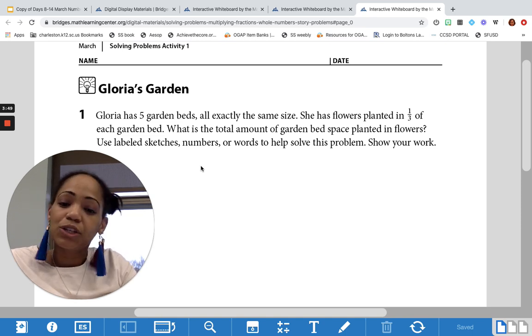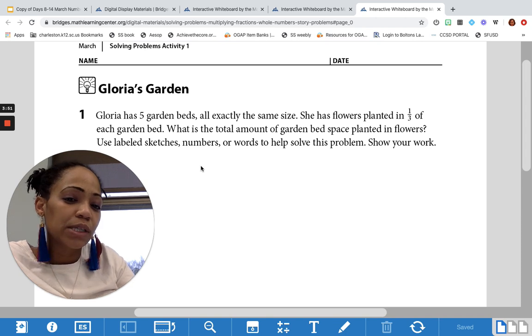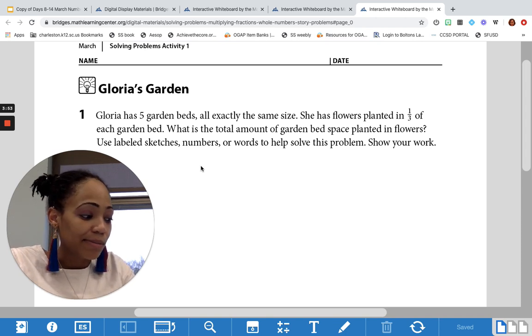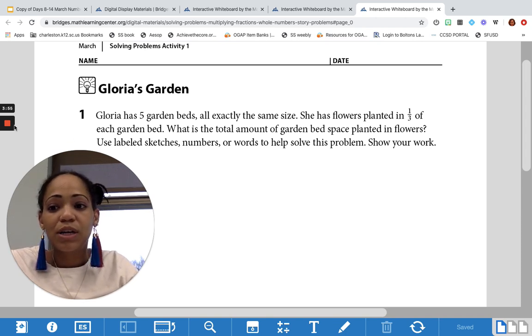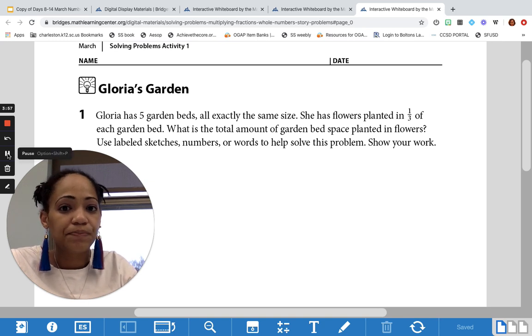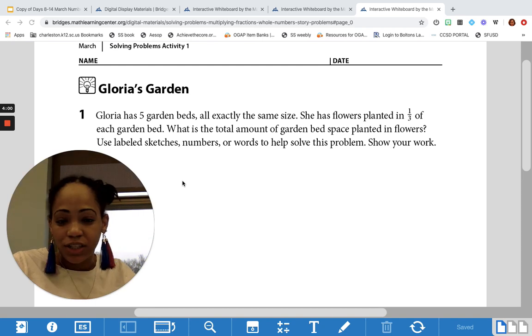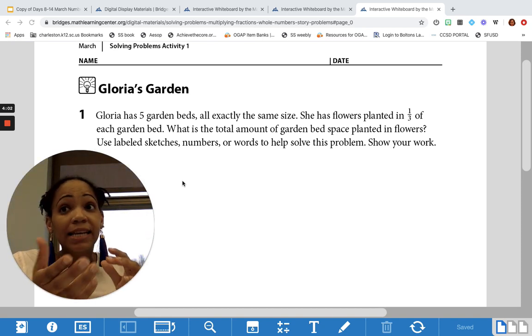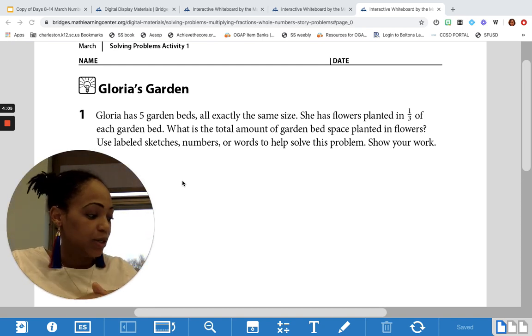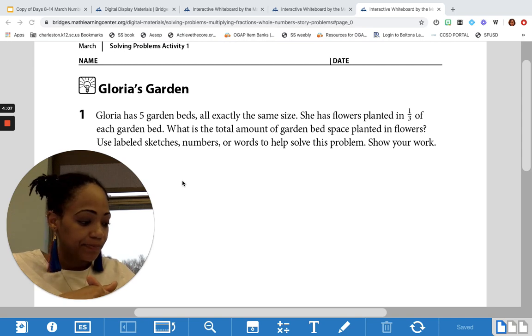Use labeled sketches, numbers, or words to help you solve this problem and show your work. So, do you have any ideas or strategies? Ideas of strategies or models that you can use to solve this problem?